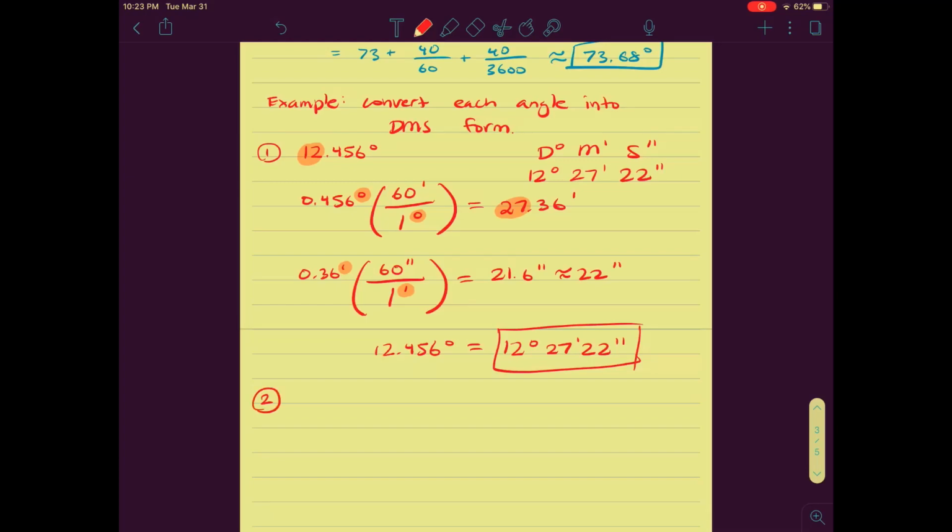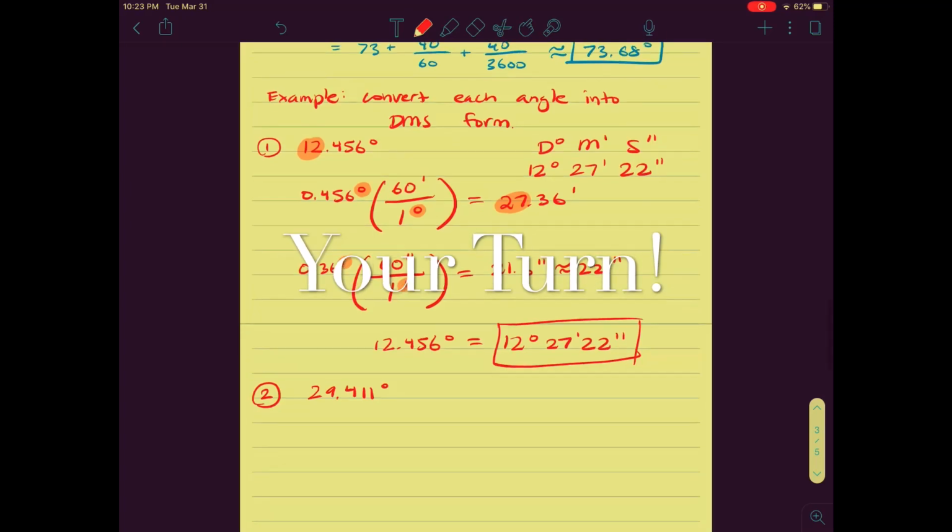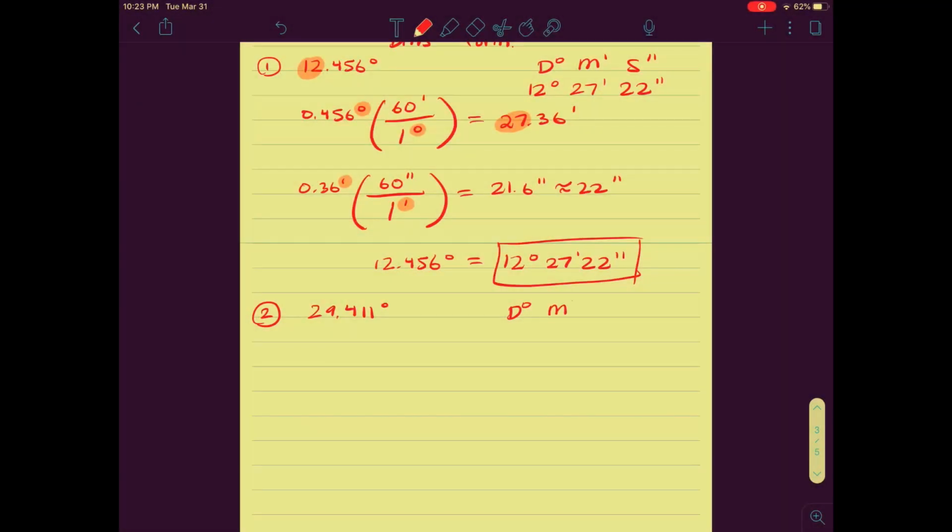Let's look at another example. Here, we're going to have the angle 29.411 degrees. I want you to convert this into DMS form. So once again, degrees, minutes, seconds. I know that I have 29 degrees, right? Just based on that.